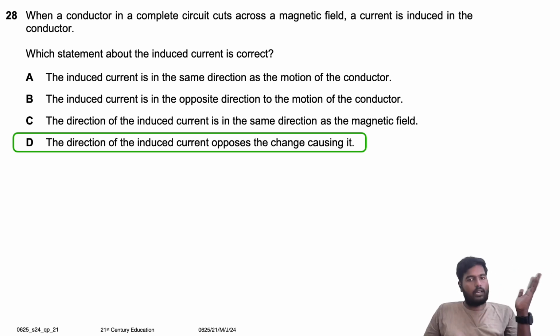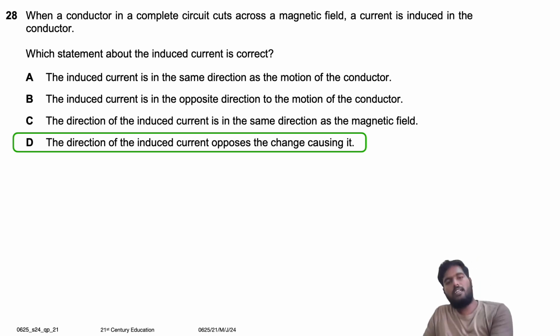This can be true or cannot be true because this depends on magnetic field direction also. The induced current is in the opposite direction to the, so this is also the same. We need the direction of magnetic field. The direction of the induced current is in the same direction as the magnetic field. Also this cannot be said because it depends on the direction of the motion also. So the direction of the induced current opposes the change causing it. This is the right one.